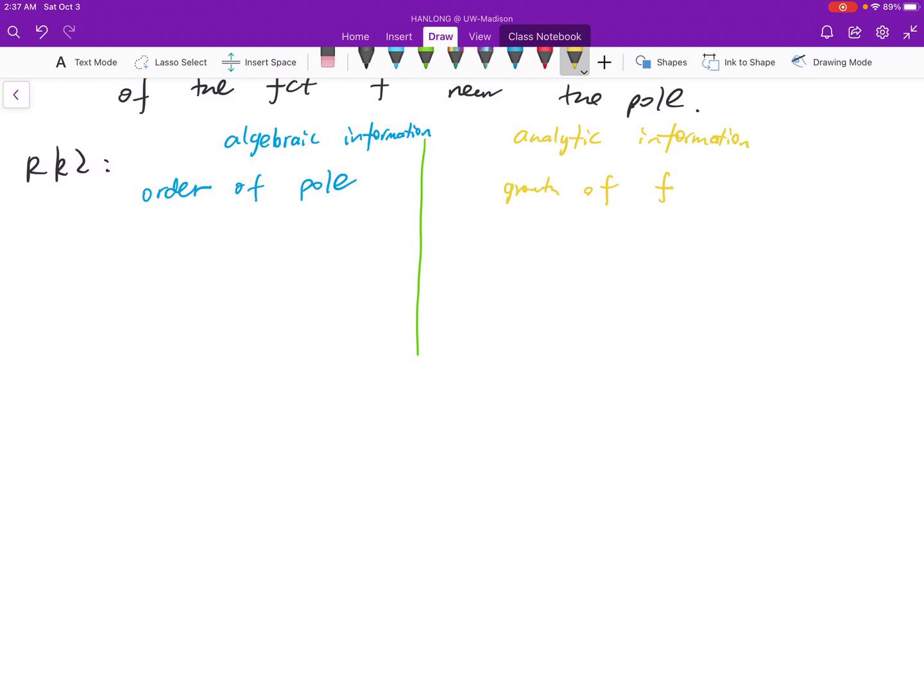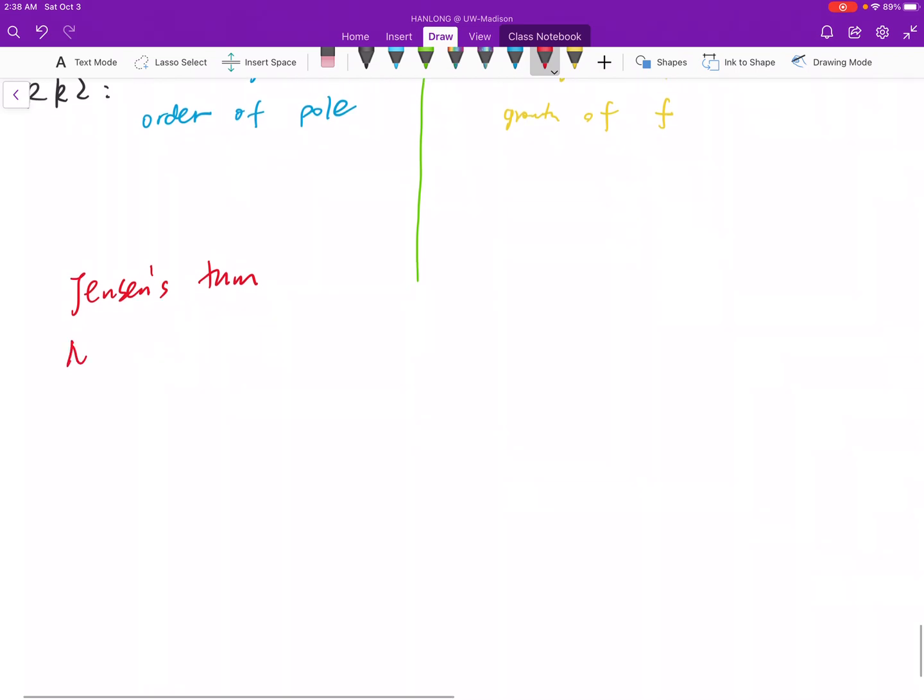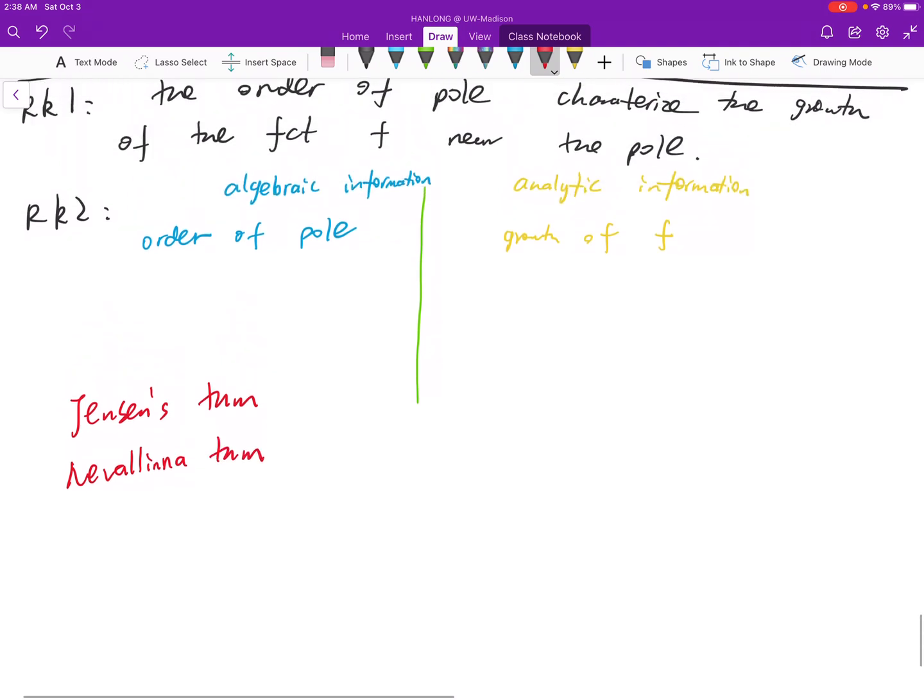And later on, people generalize this kind of properties to various settings. So probably we don't have time to talk about Jensen's theorem, but they are very important in number theory and value distribution, and then Nevanlinna theorem, which share the same principle here.